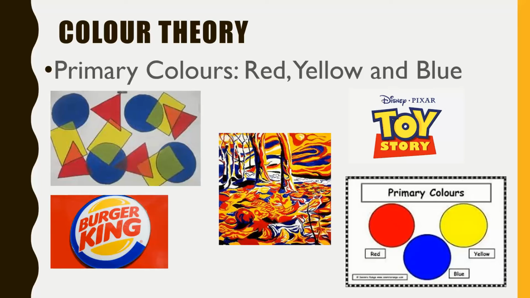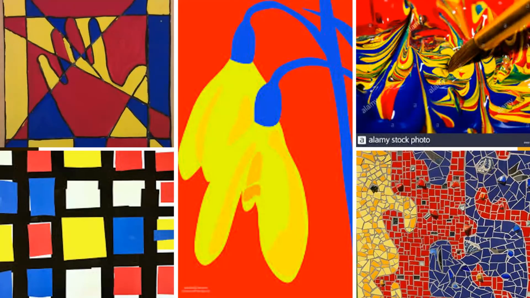So that's why there's Burger King and McDonald's and things. But these are our primary colours: red, yellow and blue. So we could make artwork with just these primary colours. A very effective artwork as well, like these beautiful images here will show you. But we want to open up the door to so many more possibilities.